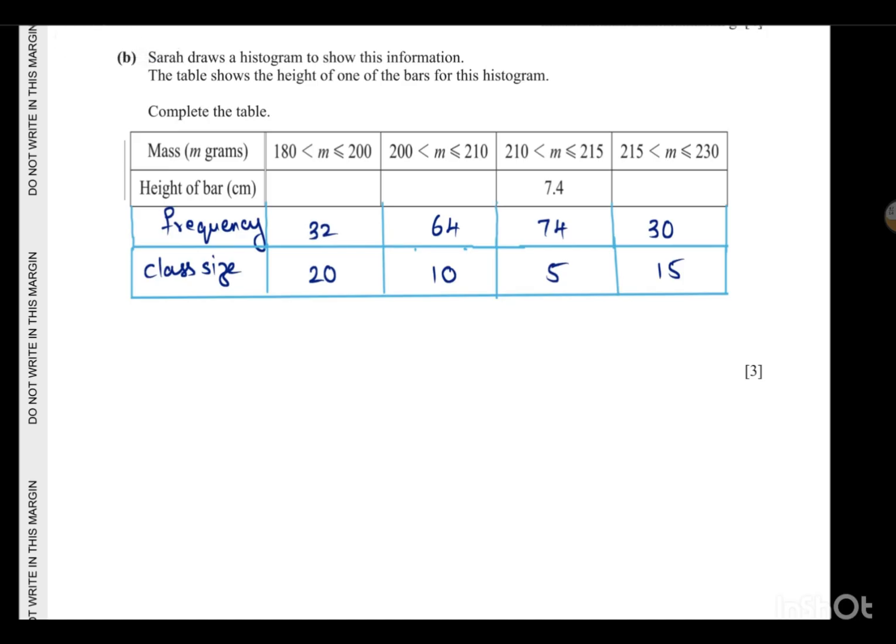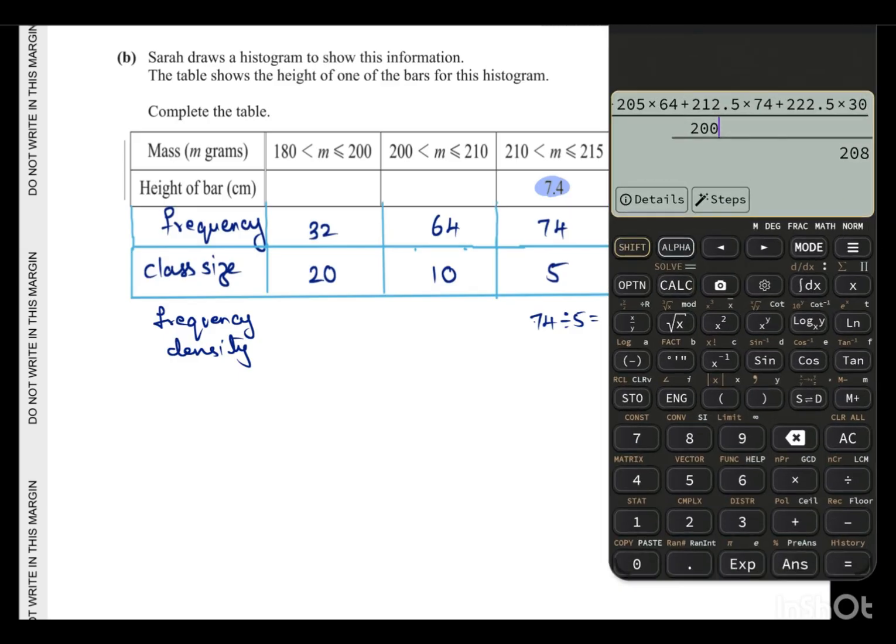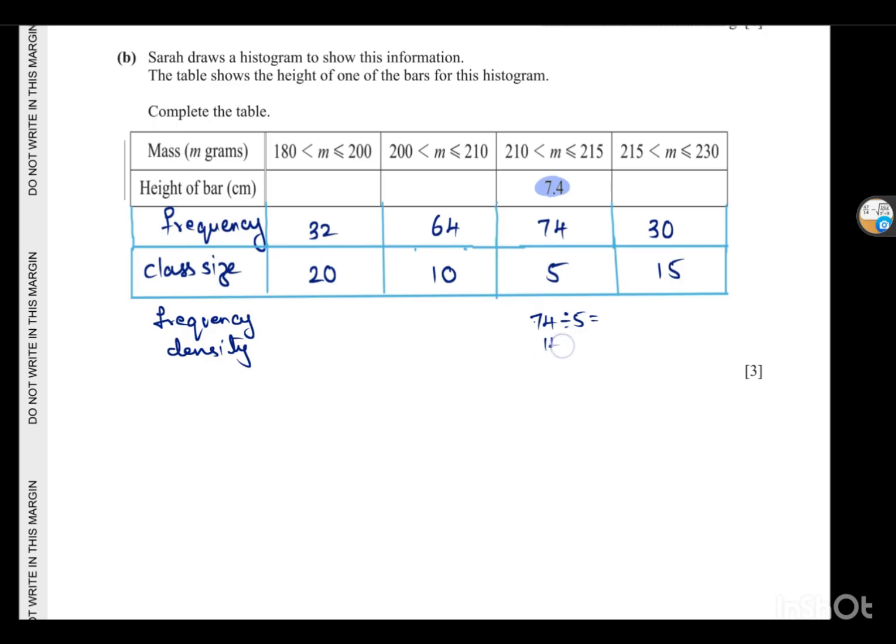So first we need to find the frequency density. We know this height of the bar, we'll find the frequency density for this class only. So frequency density will be frequency divided by the class size. 74 divided by 5 is 14.8. So the frequency density is 14.8.